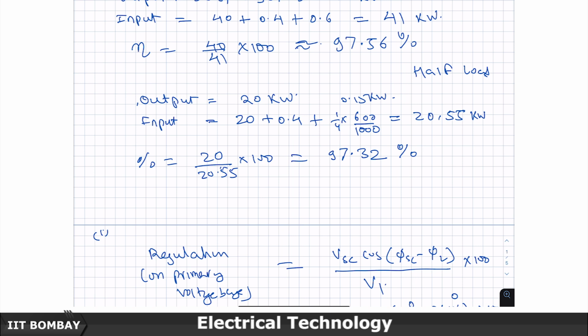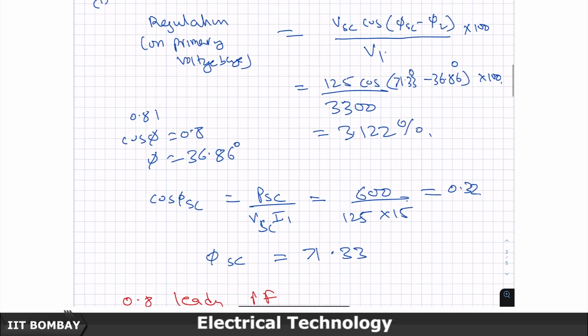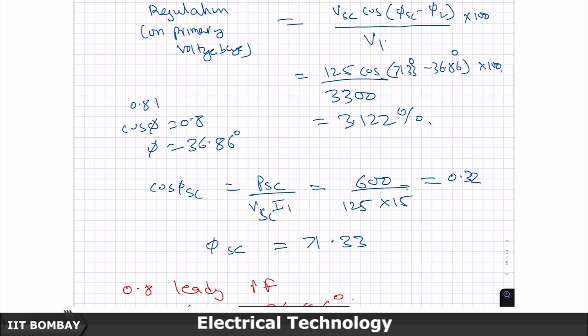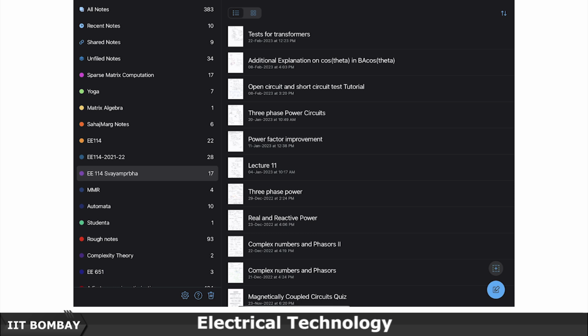We can calculate efficiency, as well as we can find out what would be our secondary terminal voltage. So, without actually physically connecting it, we are able to predict how the performance of the transformer will be. Now, let us move on to auto transformers.